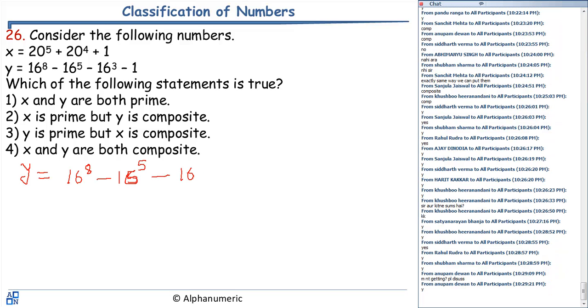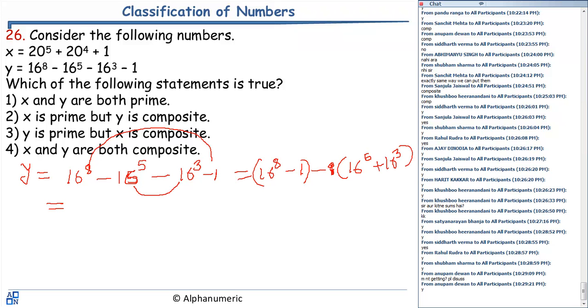Okay? So here, 16 raised to power 8 minus 16 raised to power 5, take these two terms together and these two together. So this will be equal to 16 raised to power 8 minus 1 minus 16 raised to power 5 plus 16 cube.